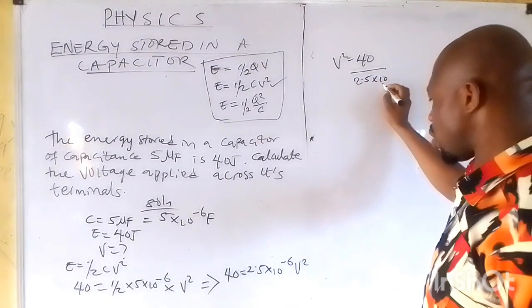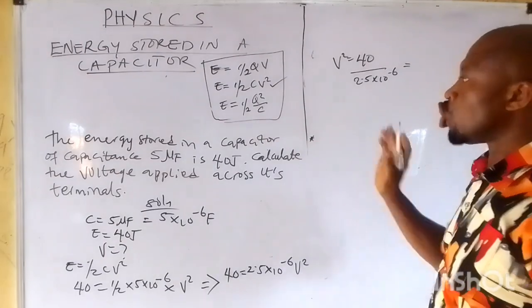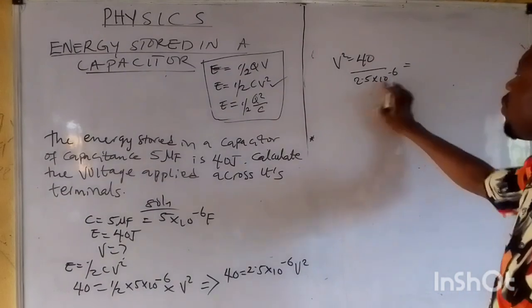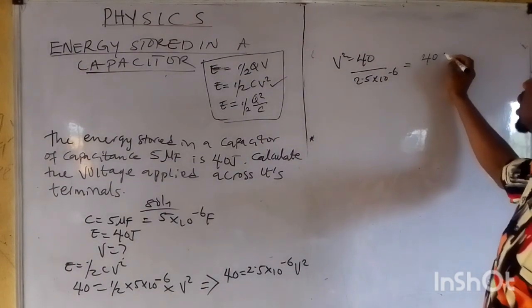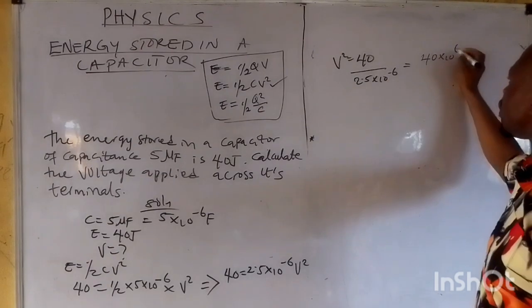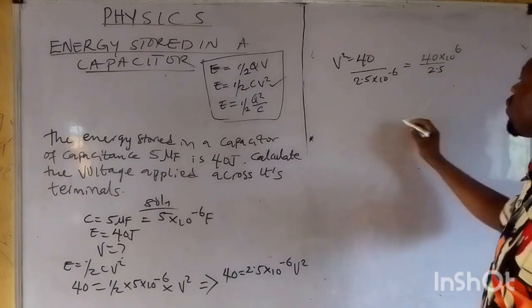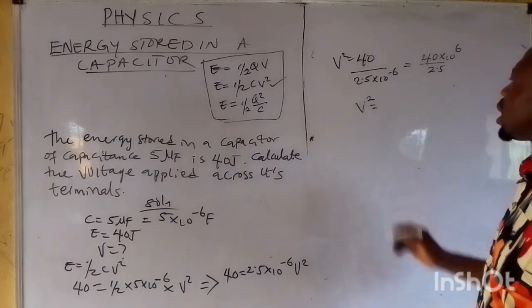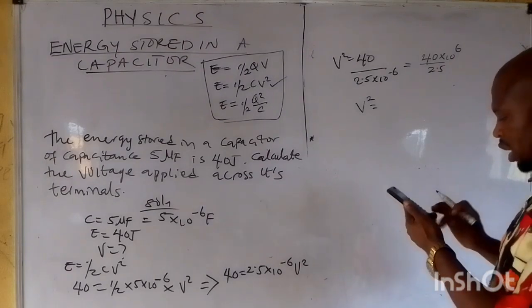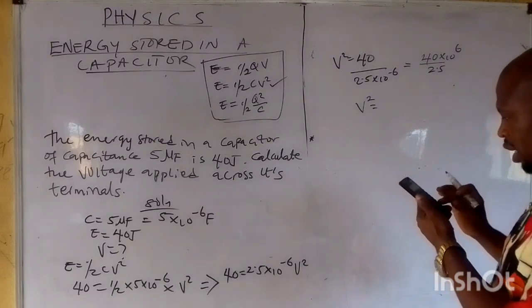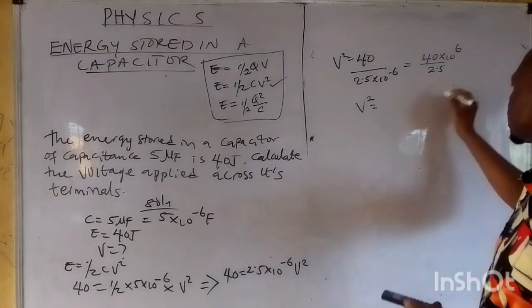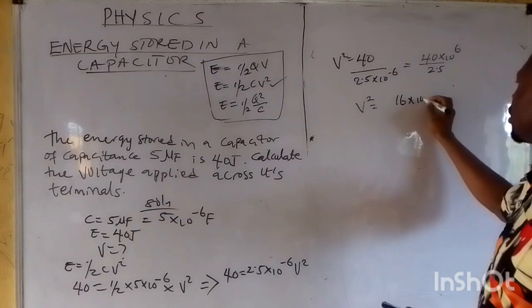So V squared is equal to 40 divided by 2.5 times 10 raised to the power minus 6. Don't just press the calculator; from the law of indices, if this goes up, the sign changes to positive. So we have 40 divided by 2.5, all times 10 raised to the power 6, and it will give us 16 times 10 raised to the power 6.